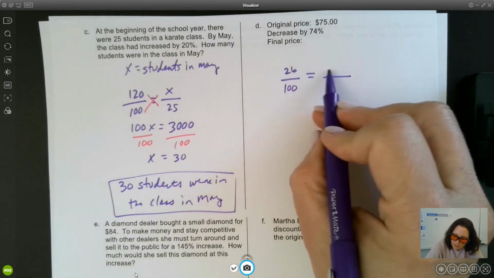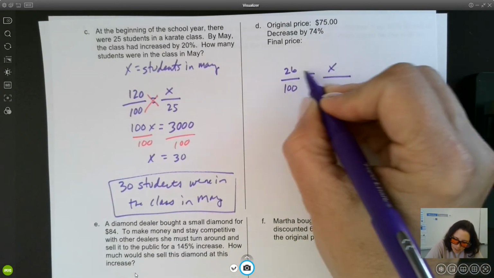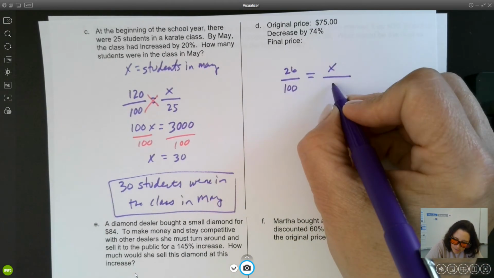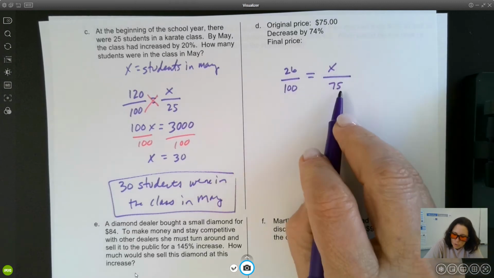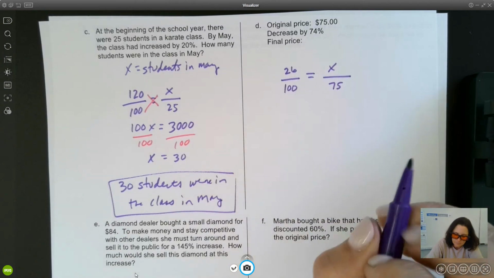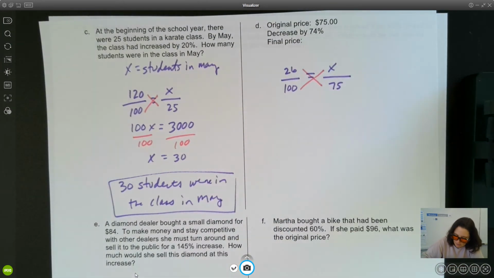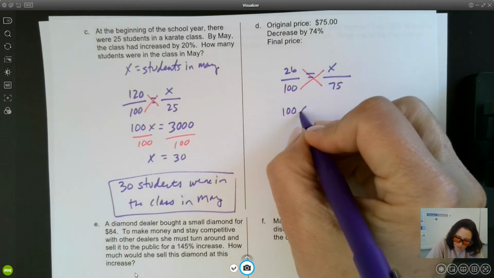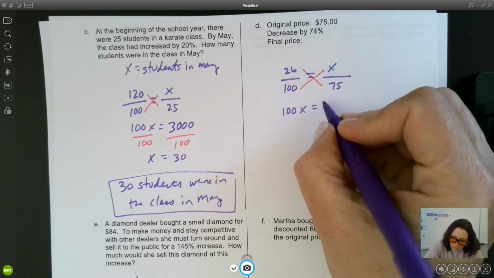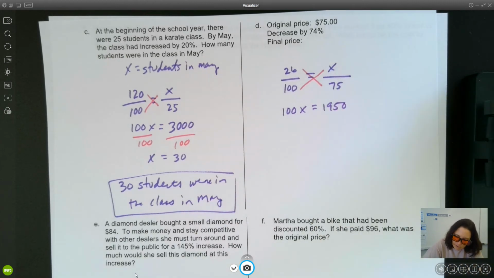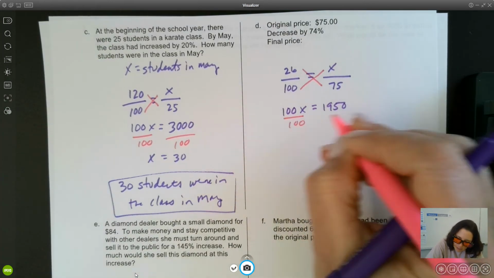We're looking for the price that goes with the 26, and the original goes with the 100 down here. So 100x, that comes out to be 1950 when you divide by 100.